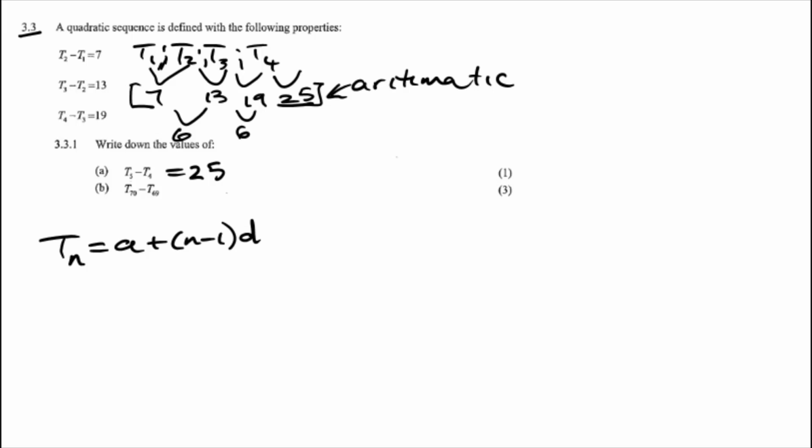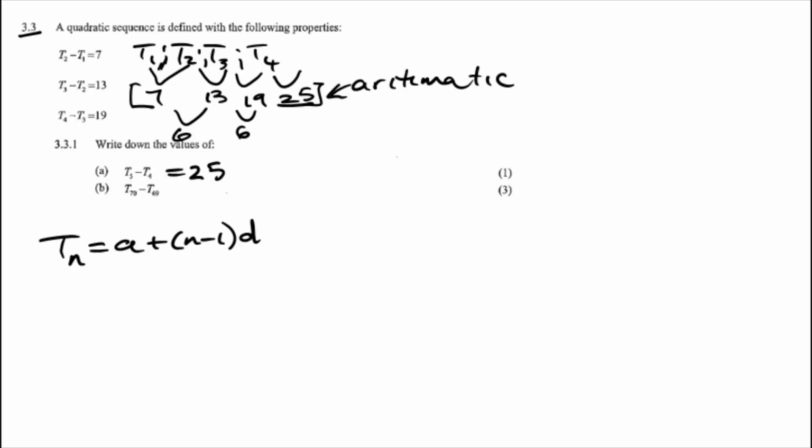Now the difference in the two sequences is that t2 minus t1 gives you the first term, then t3 minus t2 gives you the second term, t4 minus t3 gives you the third term, then t5 minus t4 gives you the fourth term.